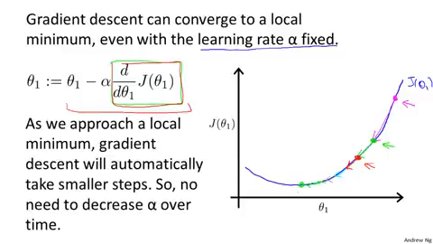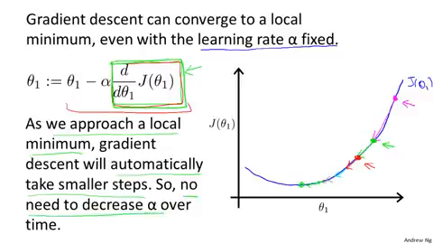So just to recap, in gradient descent, as we approach a local minimum, gradient descent will automatically take smaller steps. And that's because as we approach the local minimum, by definition, the local minimum is when this derivative is equal to 0.